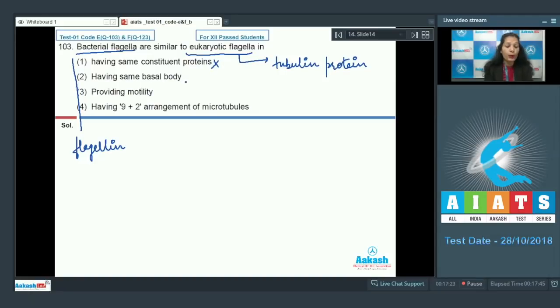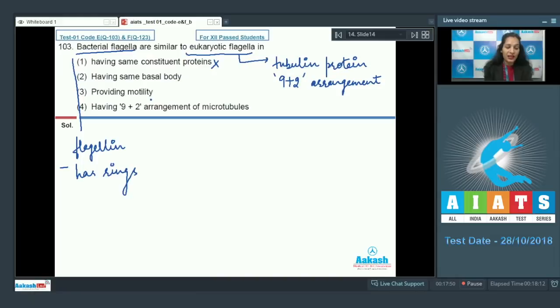Having the same basal body? No, the bacterial flagellum has a basal body which has rings, but in eukaryotes, the flagella show a 9+2 arrangement of microtubules. Providing motility, yes, both can provide motility.